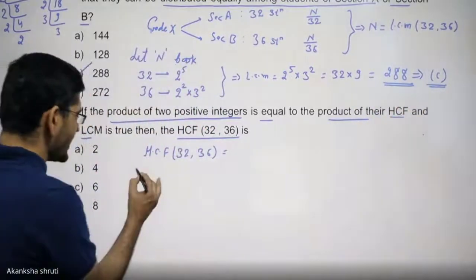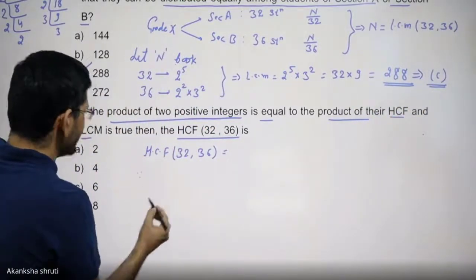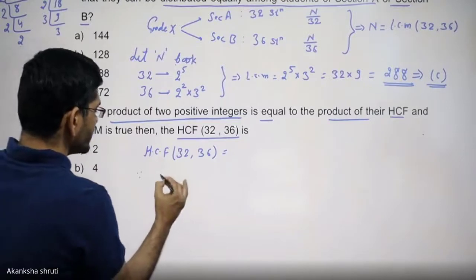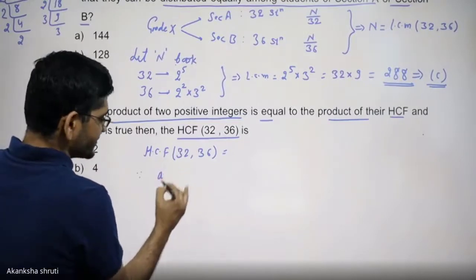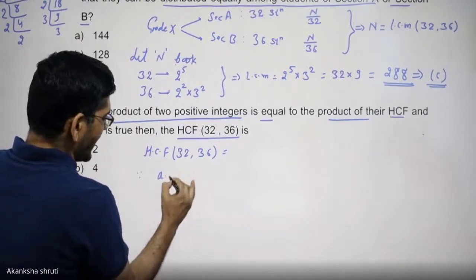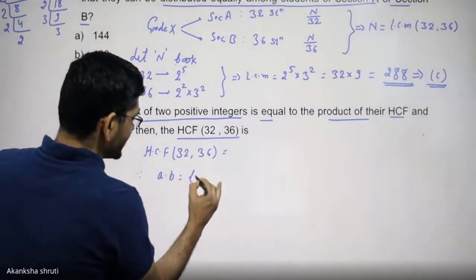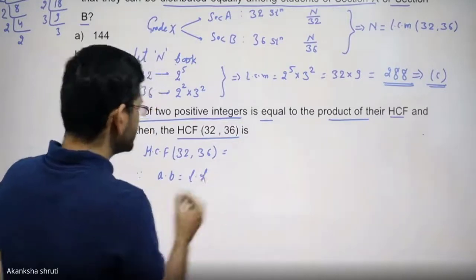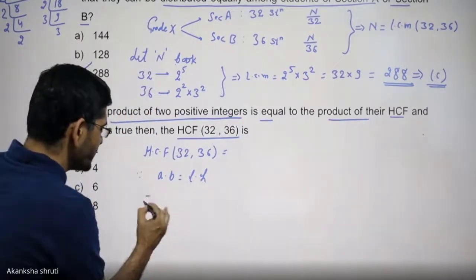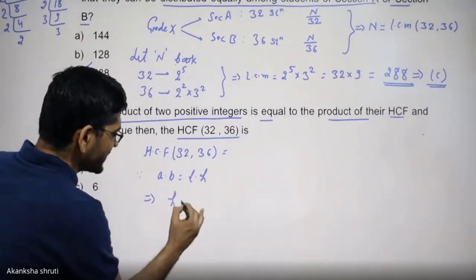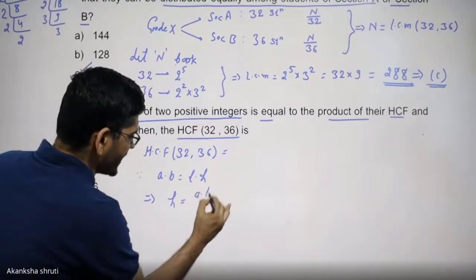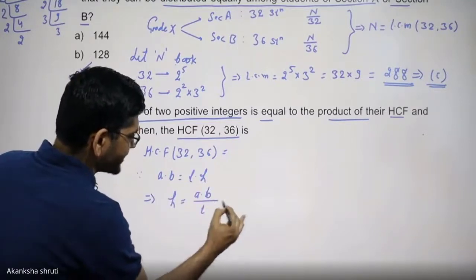Since the product of numbers, say A and B, is equal to the product of their LCM and HCF, therefore the HCF can be calculated as the product of the numbers divided by the LCM.